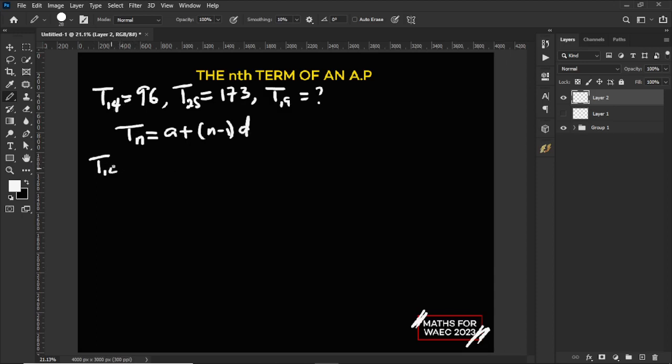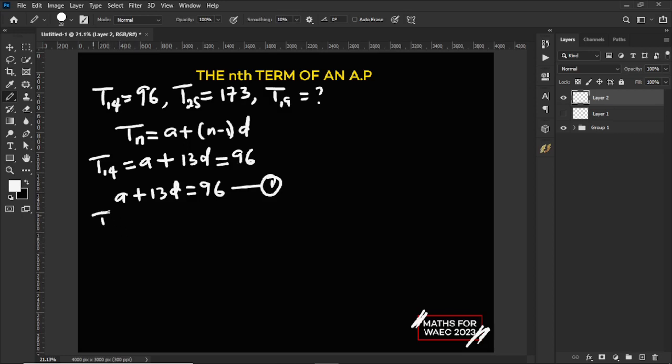So if that should be the case, T14, which is one of the values given to us, is equal to A plus 14 minus 1, which is 13, so that's 13D, equal to 96. So let me rewrite it here. A plus 13D is equal to 96. Let's call that equation 1.